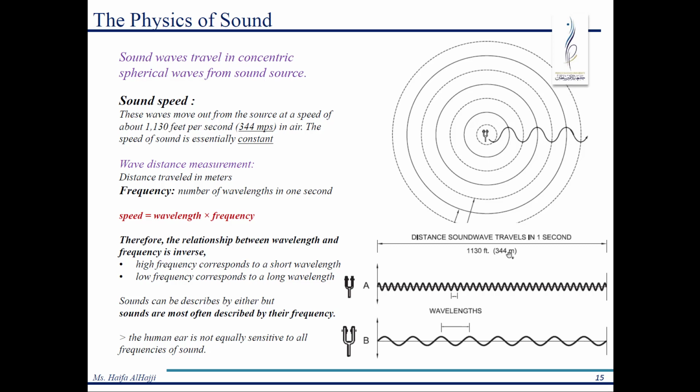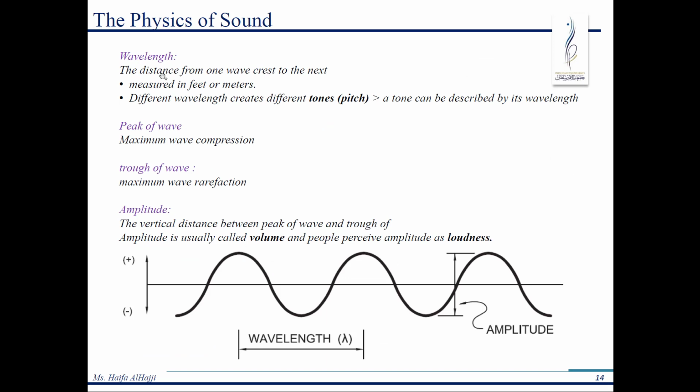Now let's talk about frequency. We wanted another way to differentiate one sound from another, another characteristic. As I said earlier, how do you differentiate between one sound and the other?